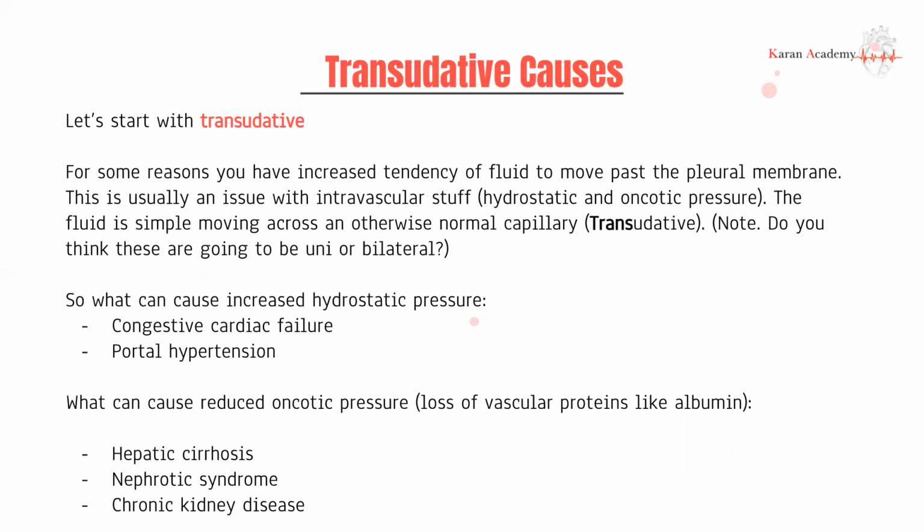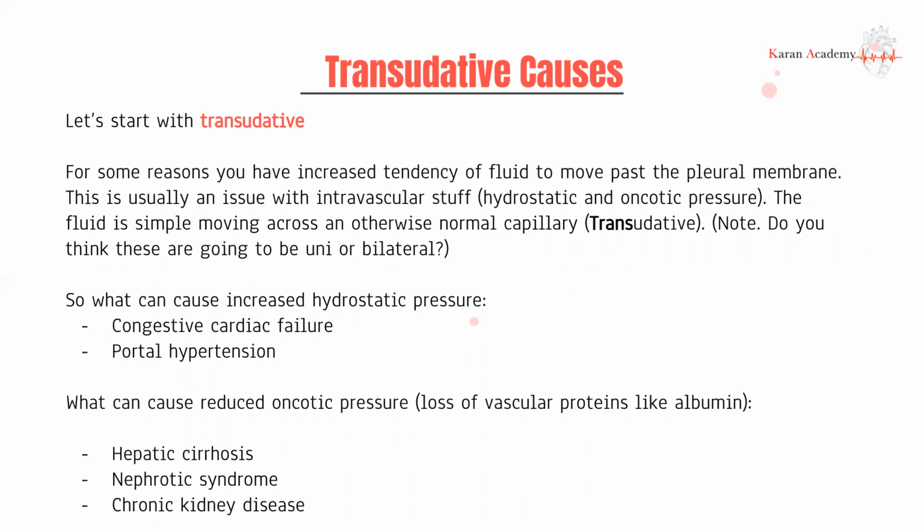So again, you have more pressure pushing on that capillary or less oncotic pressure keeping your fluids in the vessel. Because you have a simple movement of fluid across a barrier, it is called a transudative process.